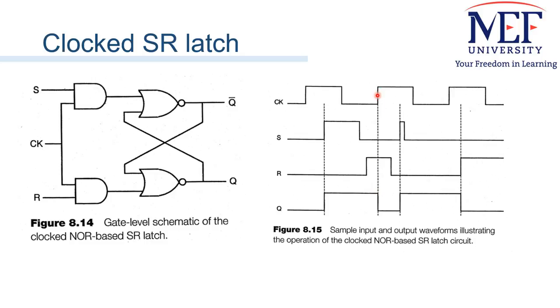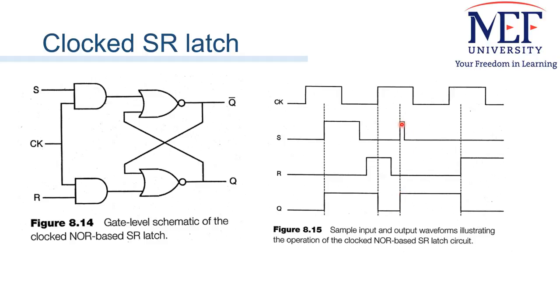Then here, when the clock is high again, set is 0, reset is 1, so output is reset. At this point we have a change in set signal, and if the clock is 1, then this change at the signal will be reflected to the output.